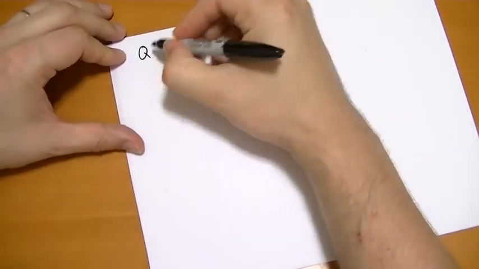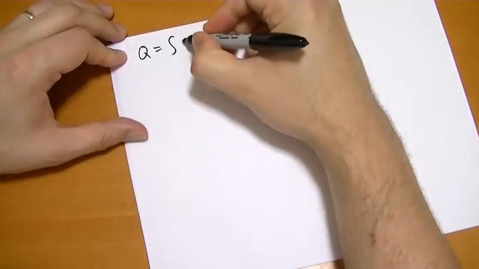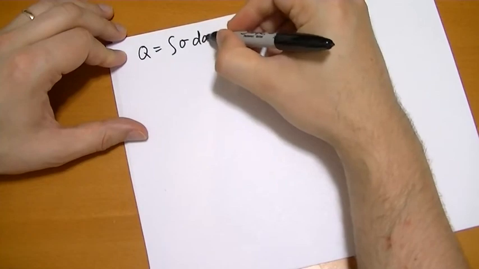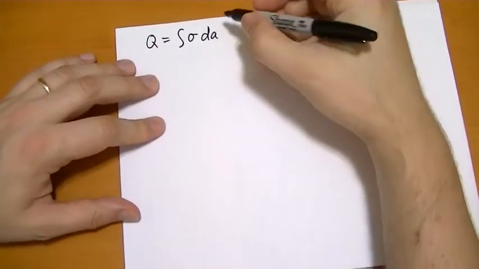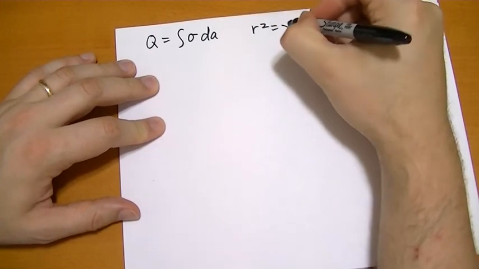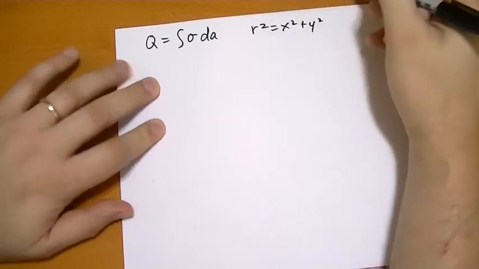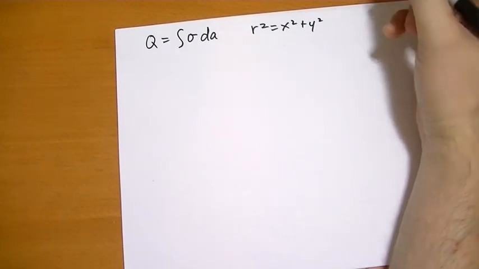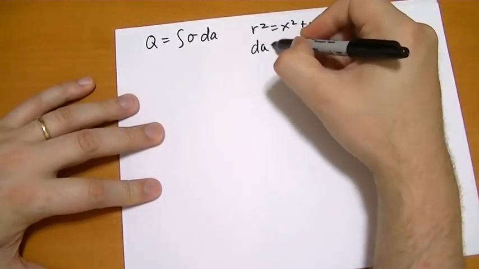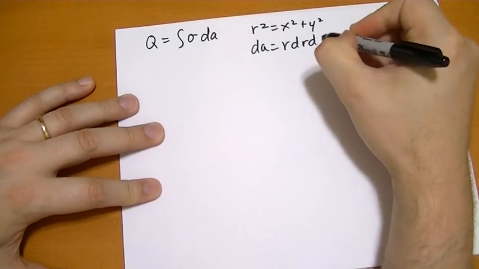So we have Q equals the integral of the surface charge density times the area at the point that the surface charge density is. So we have r squared equal to x squared plus y squared. And theta is uniform, so our dA becomes r dr d theta.